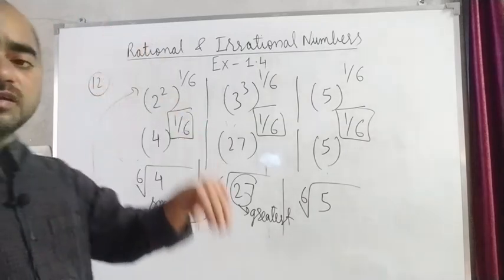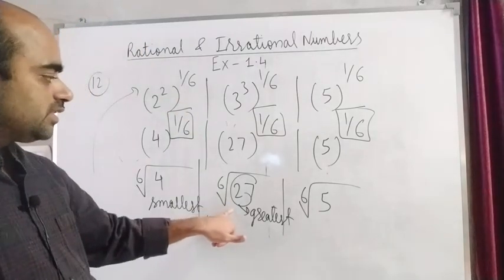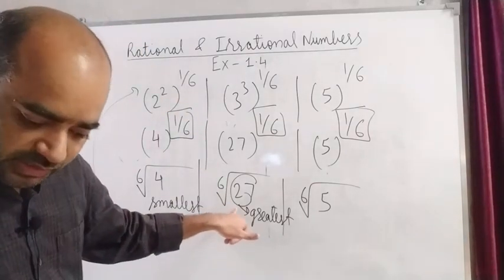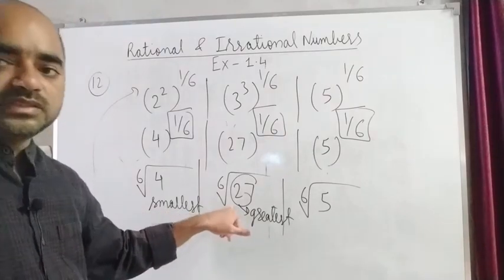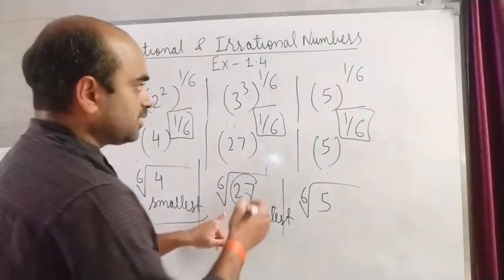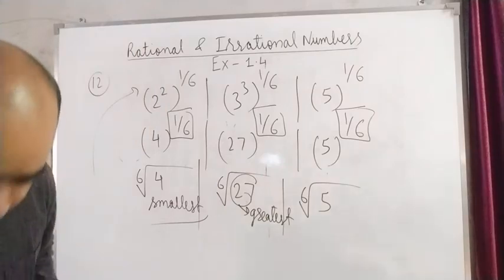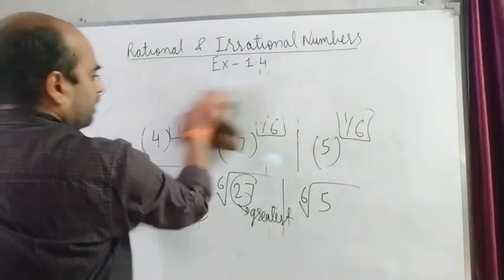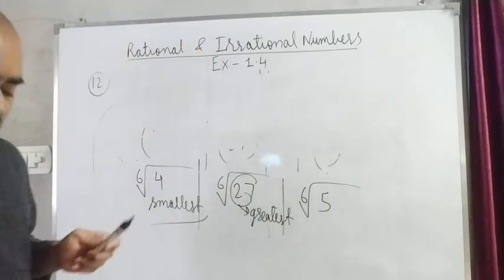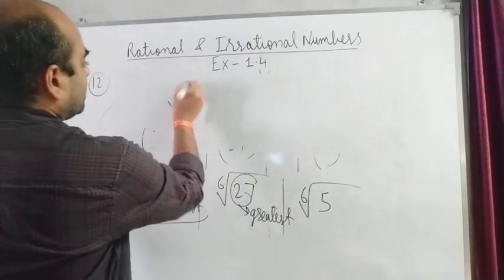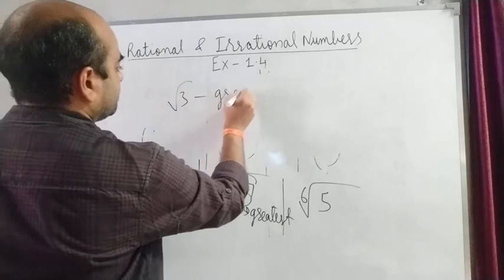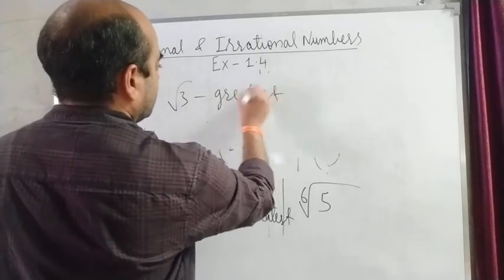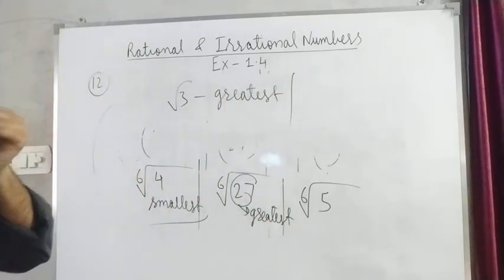Now take the original form. In original form, this number is square root of 3, correct? So the greatest number is square root of 3, and the smallest is 6th root of 4.